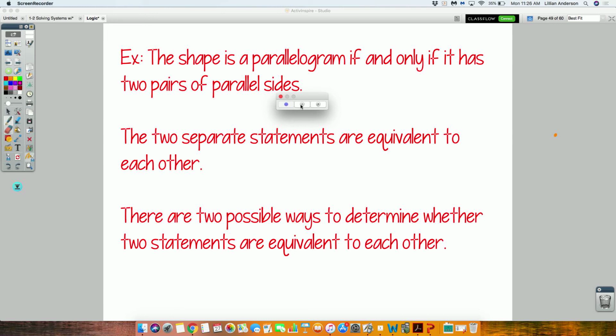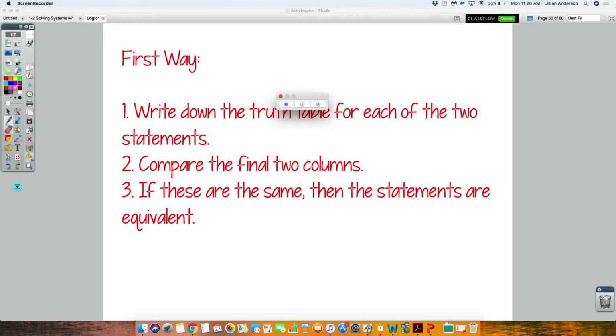Now with these two ways, it's more about understanding the two different ways that you can do it. I do have the steps listed. You can get down the steps in the smart note, or you can just say, okay, I think I got it. So the first way to determine whether or not two statements are logically equivalent is to write down the truth table for each of the two separate statements.